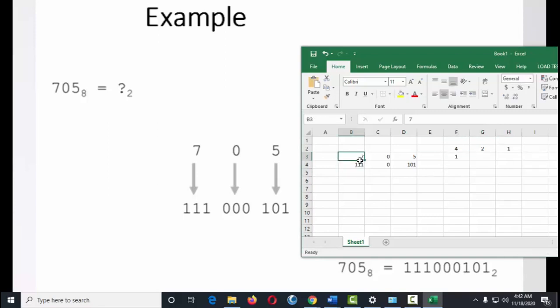On top of the example, 4, 2, 1. I'm referring to 7. This is 1 1 1, since it is marked as 111, you add the values 4 plus 2 plus 1.